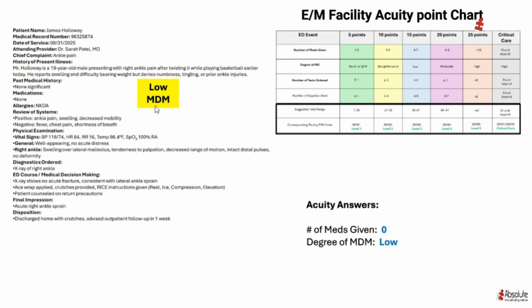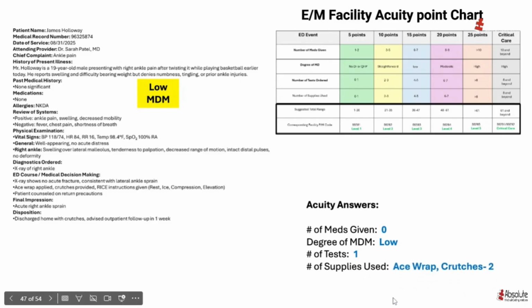Well, we know that's low. What are the number of tests that were administered? 1 test. They had an x-ray. It's different than that data, right? But 1 test. And the number of supplies used? I have 2, ACE wrap and crutches.